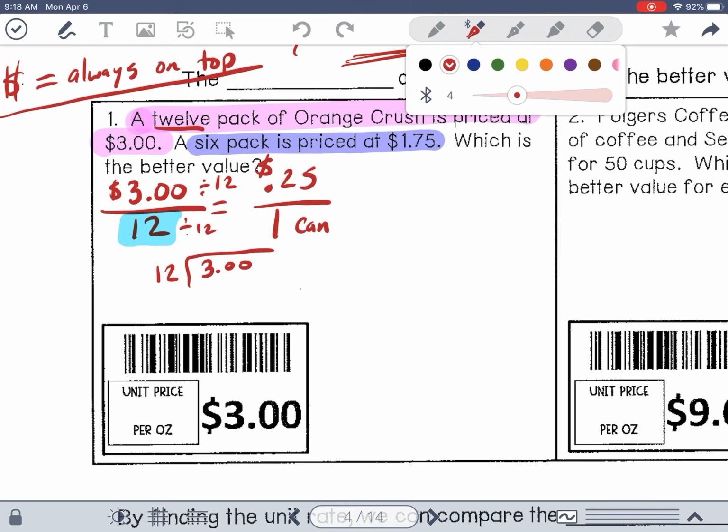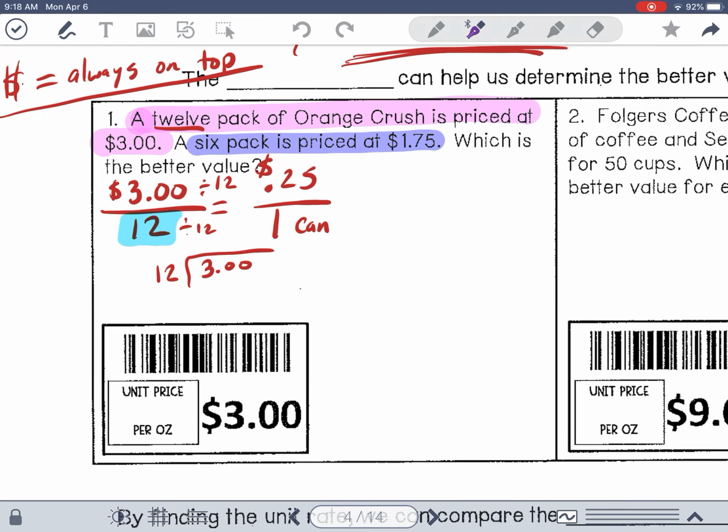I've got a student that likes purple, so for that student, I'll use purple for a little bit. The second one is a 6-pack for $1.75. So $1.75 for 6 cans. How are we going to find the unit rate on this example?